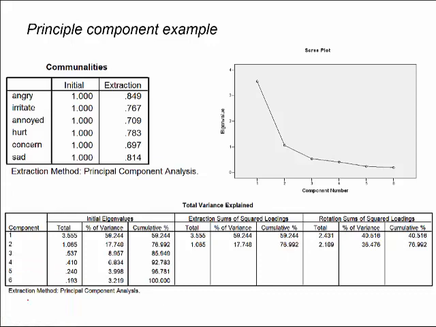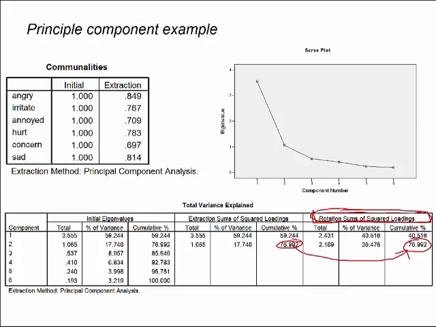And then I rotated the solution, and in the next slide I'll show you rotation based on both orthogonal rotation and oblique rotation. I have over here rotation sums of squares, the sums of squares we get after rotation. I can tell that this output is based on orthogonal rotation, because my cumulative amount of variance explained is the same before and after rotation.